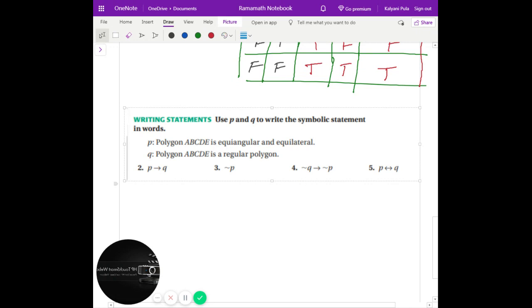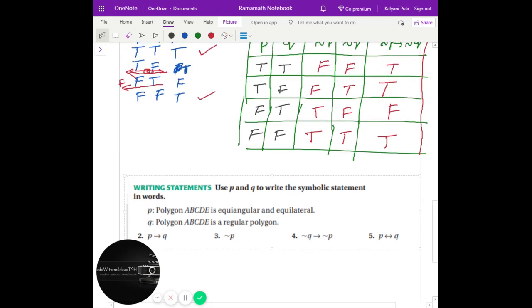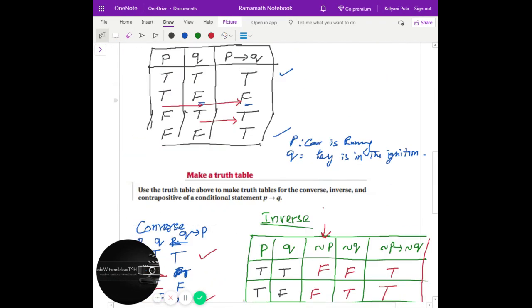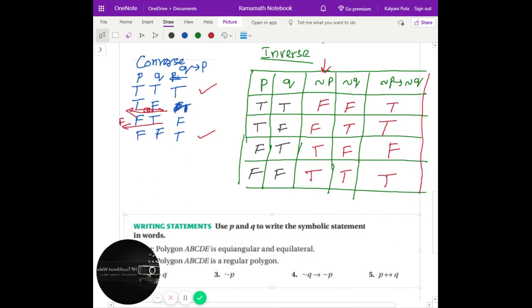Okay, so that's basically saying it in terms of words, and then we can create truth tables for any kind of statement, but always follow the basic truth table. This is the main important thing for the truth table. If you understand this, we can write all the truth tables: converse, inverse, contrapositive.